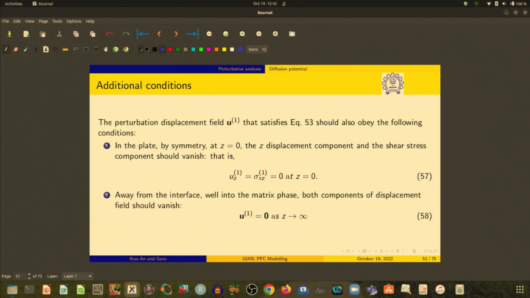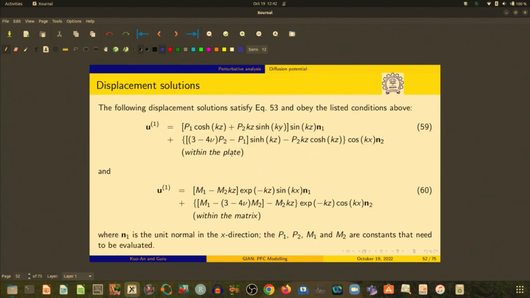That already gives you a hint that you should use some sine hyperbolic, tan hyperbolic kind of solutions, so that they will die well into the bulk, and that is what is written. So, u1 is some cos hyperbolic plus sine hyperbolic and cos and so on. This is within the plate, this is within the matrix, okay.